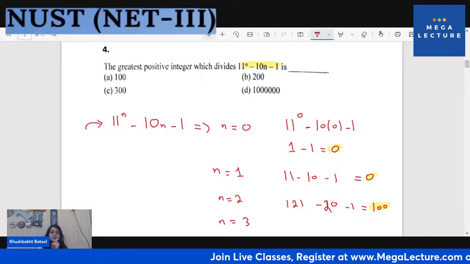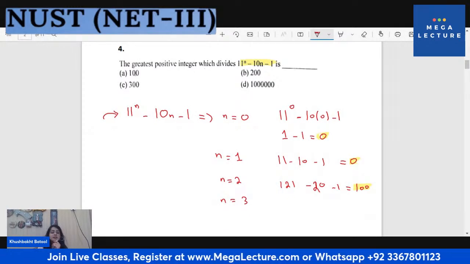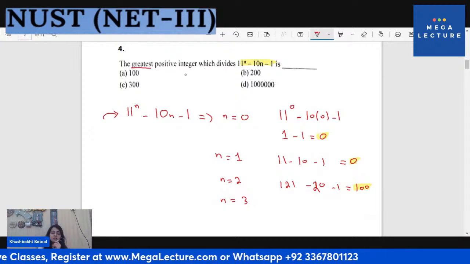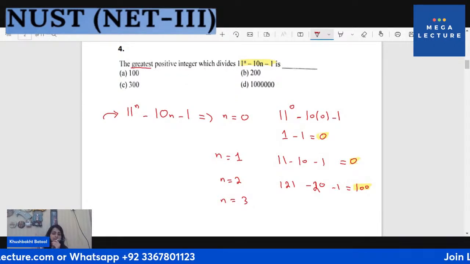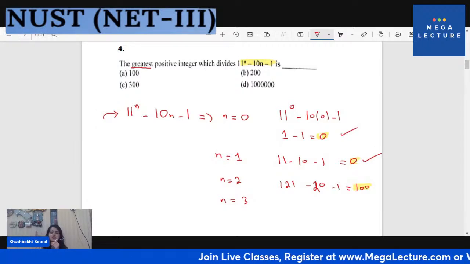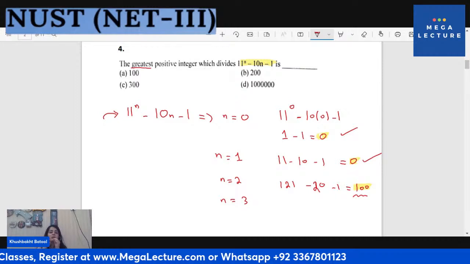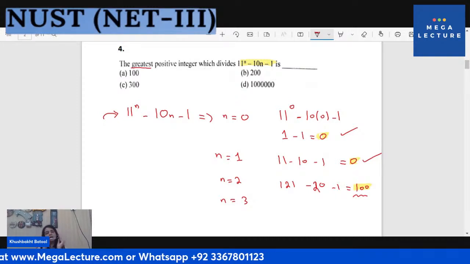But we need the greatest positive integer that is used for all the possibilities. When the final answer is 0, obviously 0 divided by anything would just divide it. But when the value is 100, and when you will do 100 divided by 200, obviously you won't get an integer, you would get a fraction.